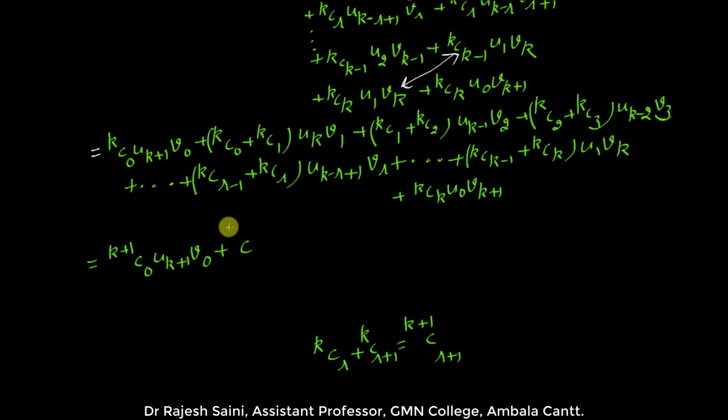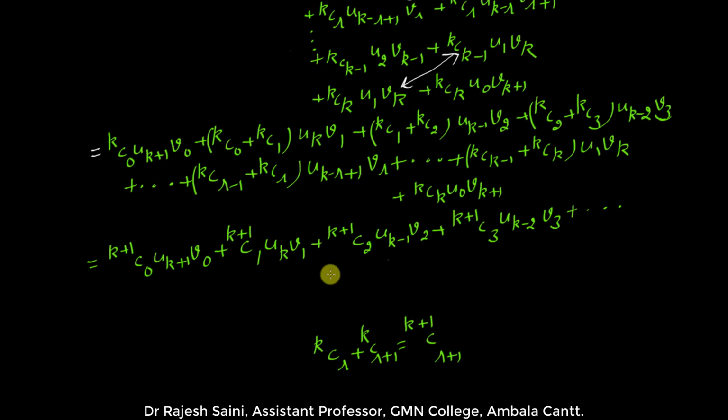Applying it over here, it will be (k+1) C1, greatest of 0 and 1 is 1, and you have studied this result in class 11. Plus (k+1)C2 u(k-1) v2, plus (k+1)C3 u(k-2) v3, plus (k+1)Cr u(k-r+1) vr.